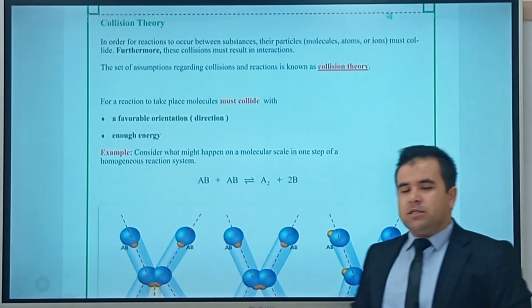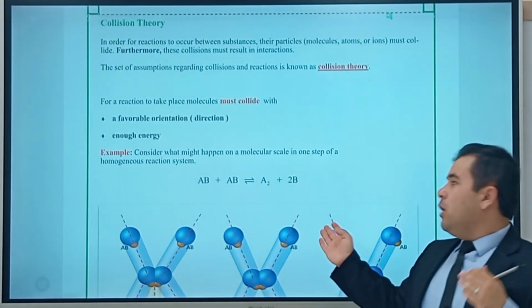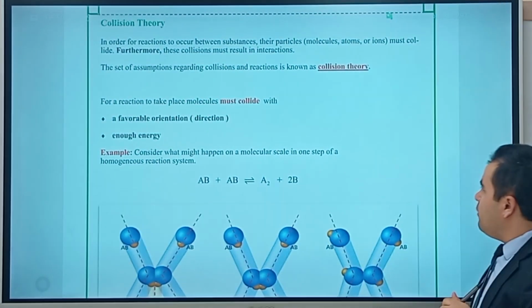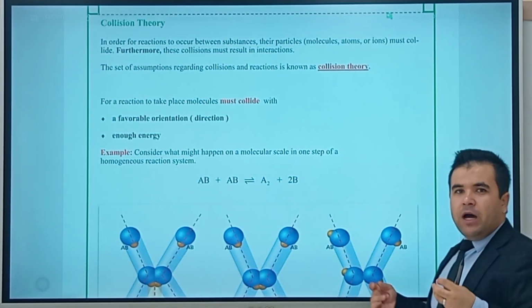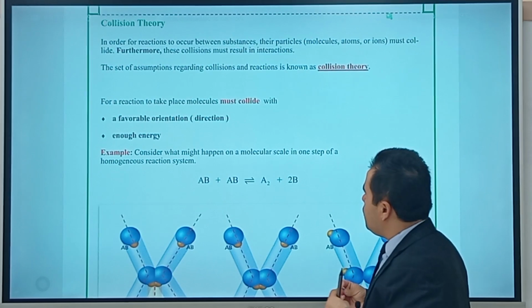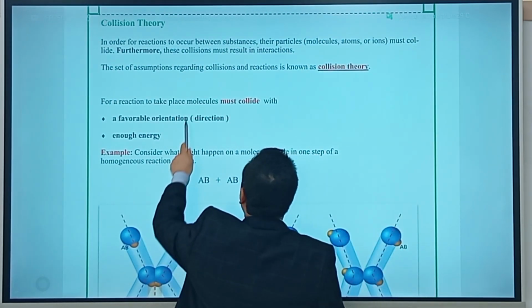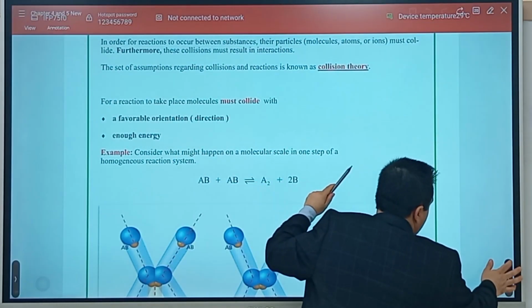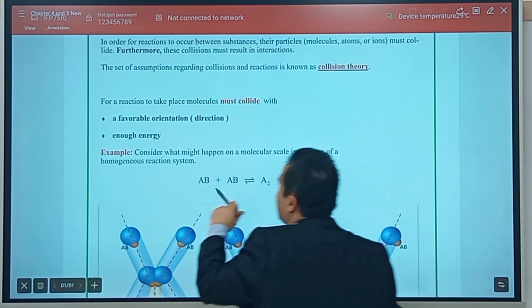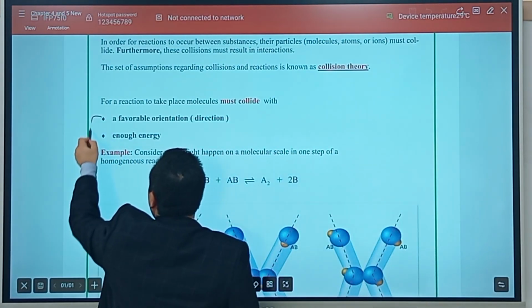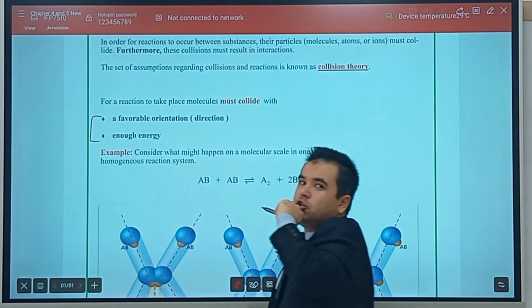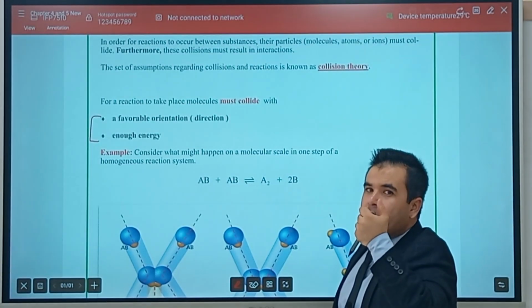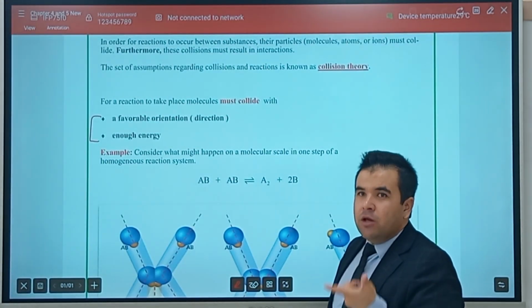We have a set of three assumptions, and we'll be talking about them in detail. For a reaction to take place, molecules must collide, but to be effective, the molecules must collide with two conditions: a favorable orientation and enough energy.